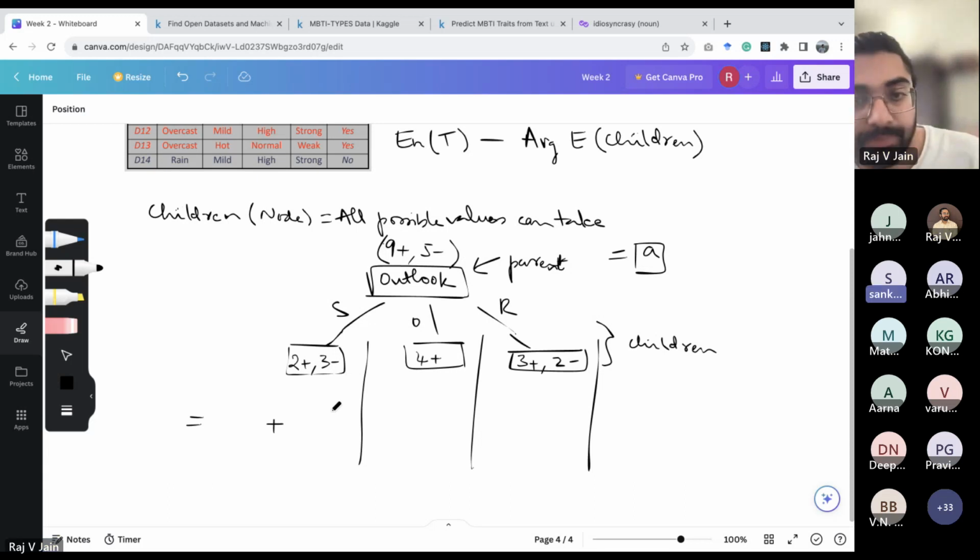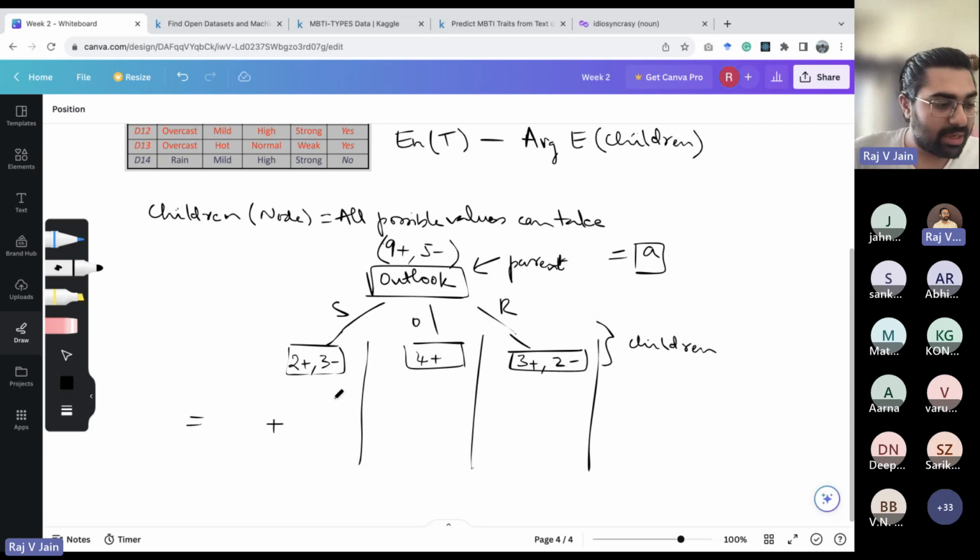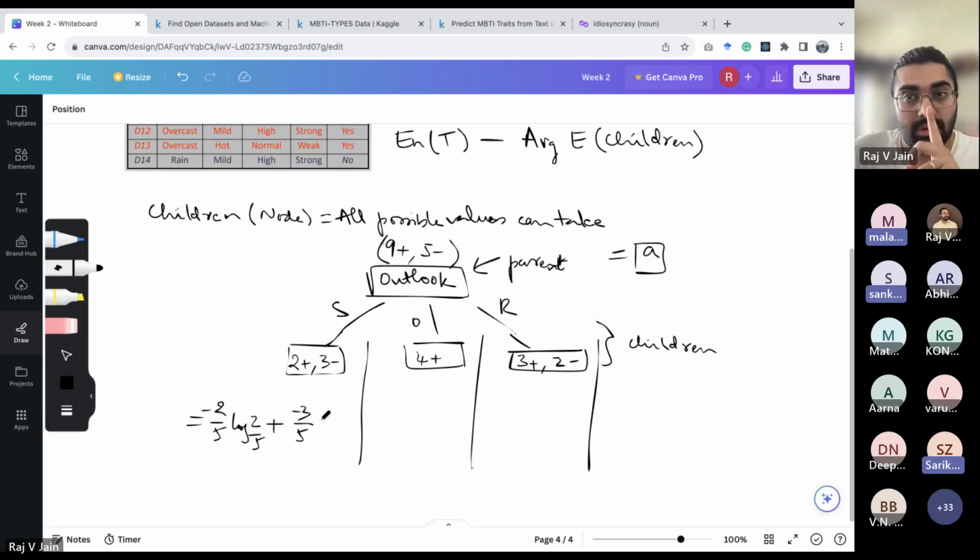I'm just asking about the formula, I'm not calculating it. So what would the formula be? It would be minus 2 by 5 log 2 by 5 minus 3 by 5 log 3 by 5.